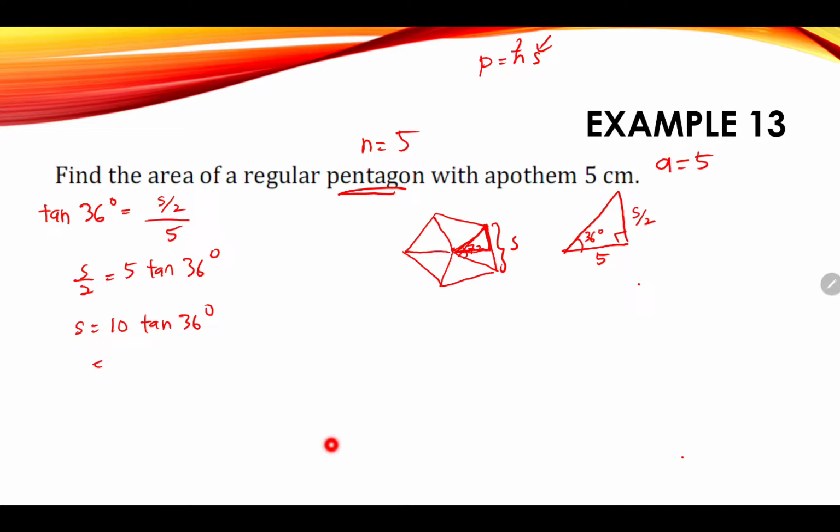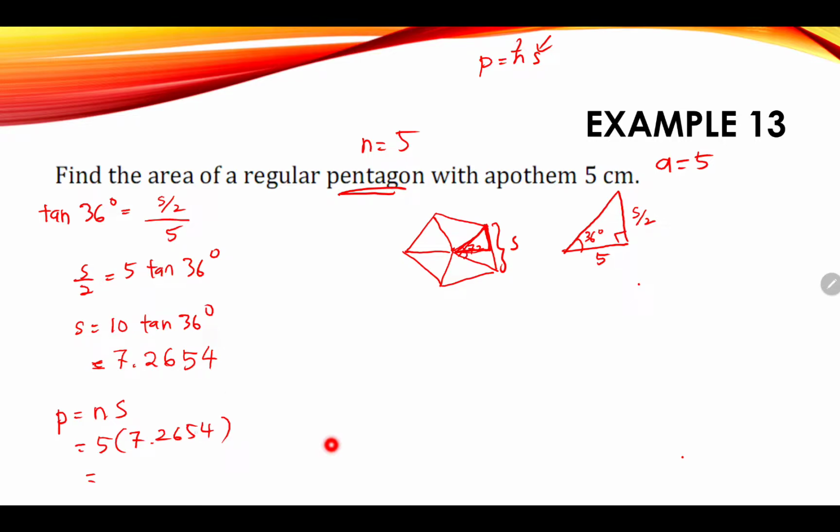10 tangent 36. So the answer is 7.2654 S. Okay, S. So dah dapat S, we can find what is our P. So darabkan dengan 5.